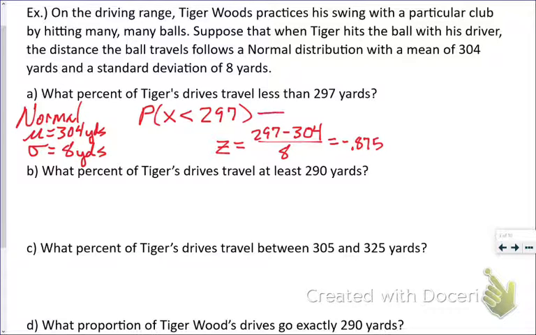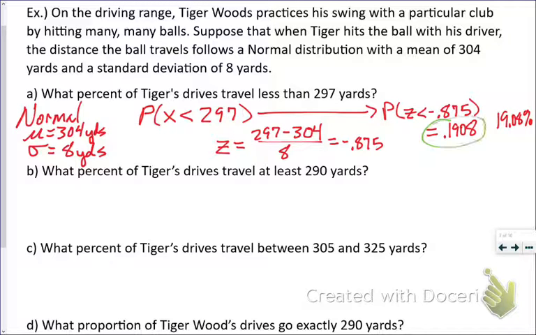So that just translated this question to this question. And now you can jump to normal CDF and get 0.1908. Or it does ask percent, so I guess maybe we should write it like this. But to be honest, that's pretty picky. It's obvious you know how to work it, you would get full credit. So what I'm grading on an FRQ is I want to see the answer, I want to see the z-score, the question, and the distribution.